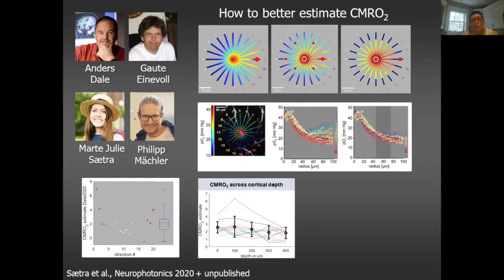And so with this in mind, we have been trying to address the question of CMRO2, which is the cerebral metabolic rate of oxygen consumption across cortical depth. It's a very interesting question, and it has to do with high resolution functional MRI.